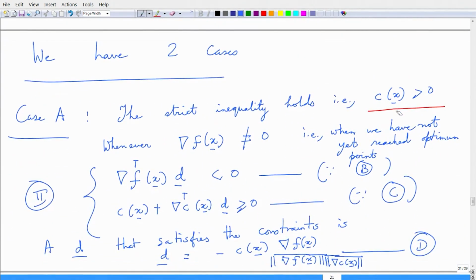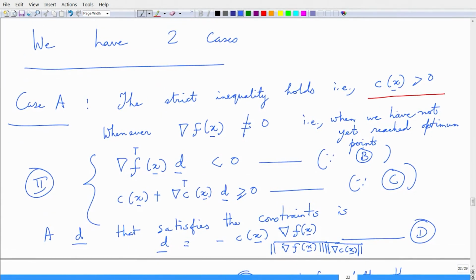Okay. Now coming back here, whenever del f is not equal to 0, that is when we have not yet reached the optimum point. So, what we have are two inequalities. Del f transpose d is less than 0, that is our condition B, right, because we do the same Taylor series expansion and then we infer this.